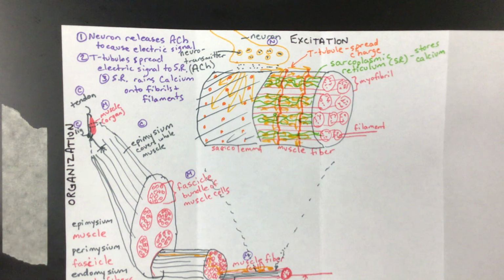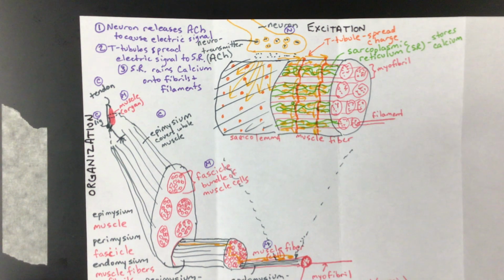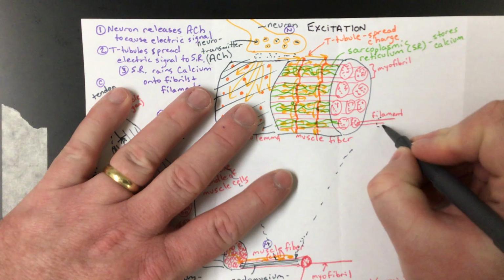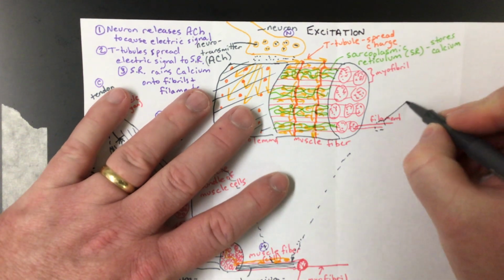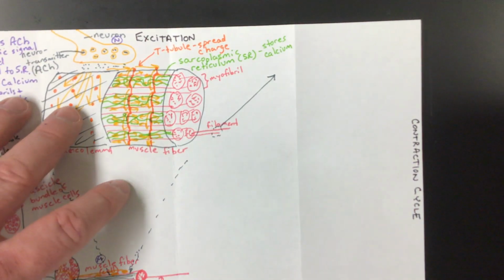Because remember, we're talking about muscle here, and muscle is a contractile tissue that can help with movement. So let's grab some of these filaments right here, and I'll meet you at the right side of our page.